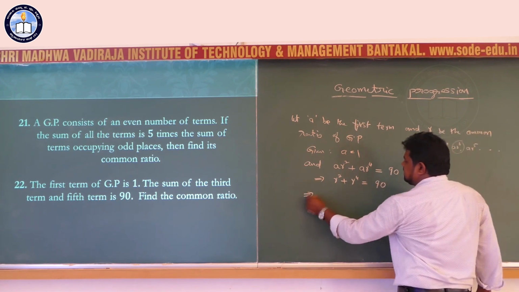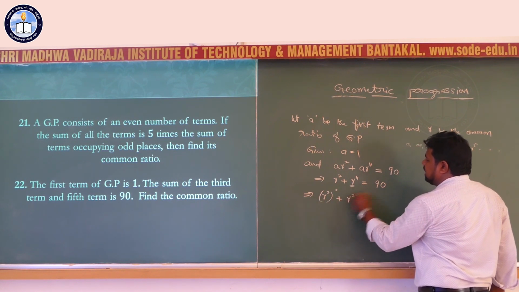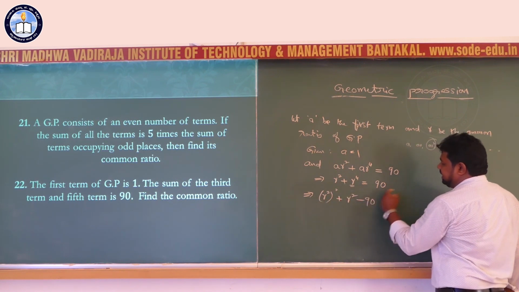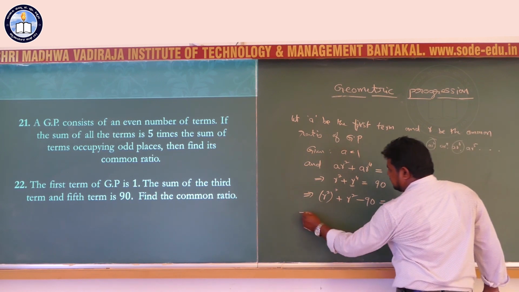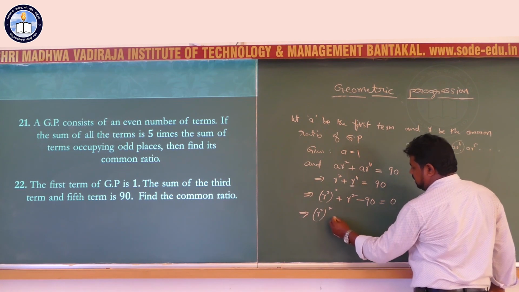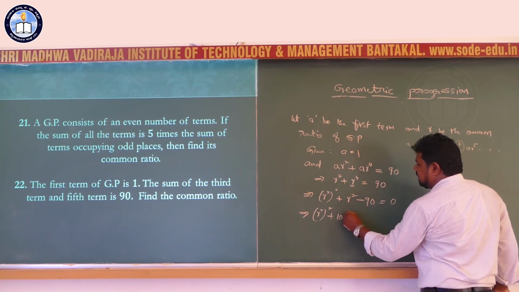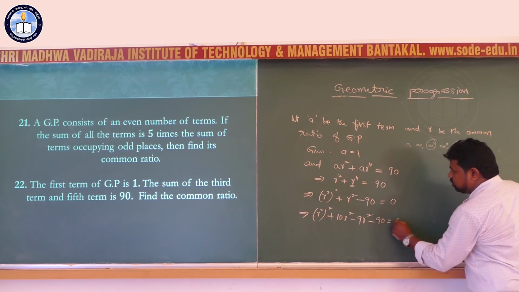I write it as r power 4 as r square whole square plus r square minus 90 equal to 0. This is a quadratic equation in r square. We can solve. That implies r square whole square plus 10r square minus 9r square minus 90 equal to 0.